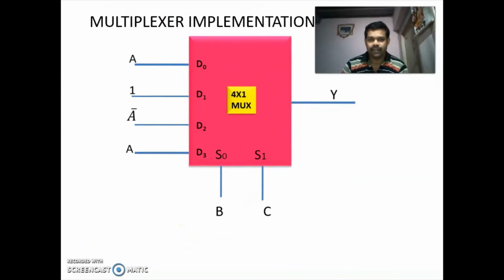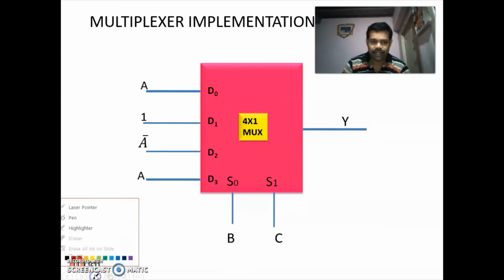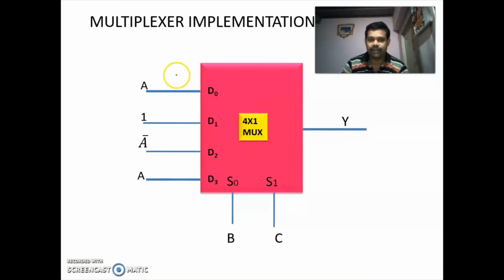Now we are going for the implementation of the problem. Here we are asked to implement this by using a 4:1 mux. First we draw a 4:1 mux. We know that the 4:1 mux has 4 inputs, 2 select lines and 1 output.